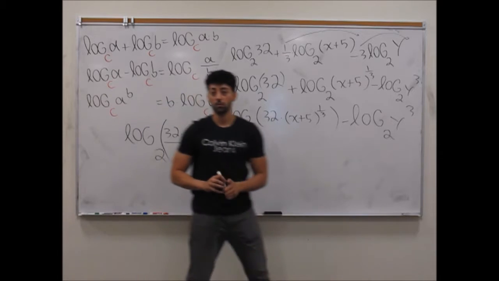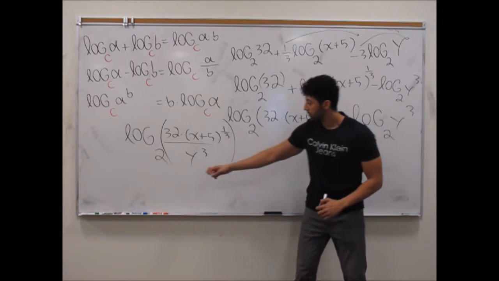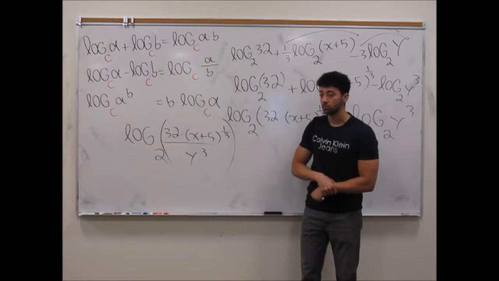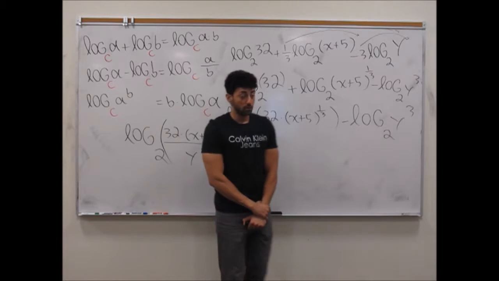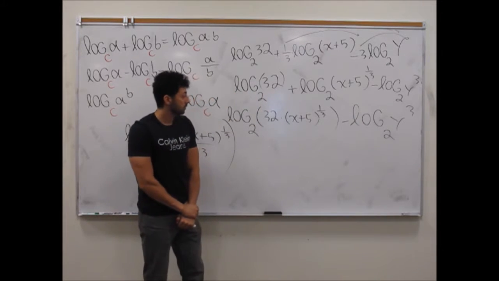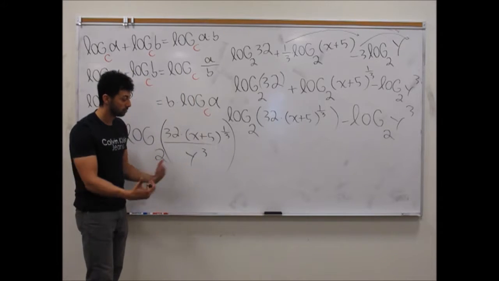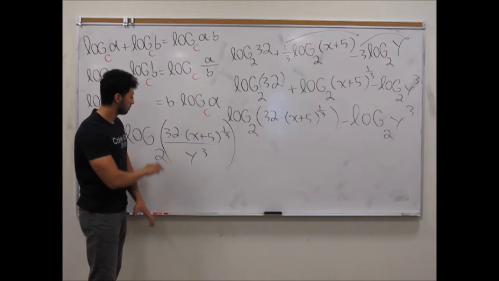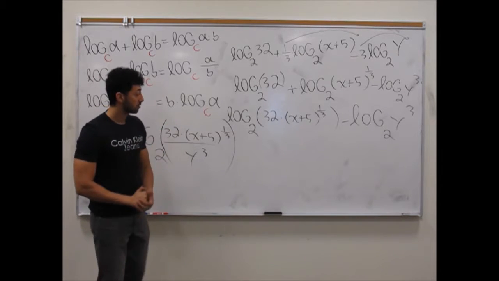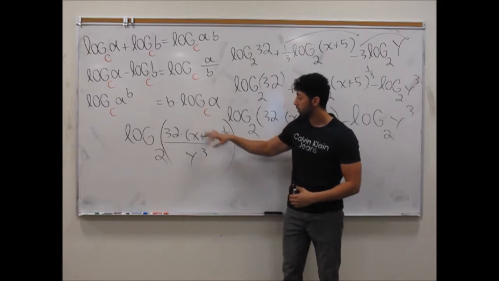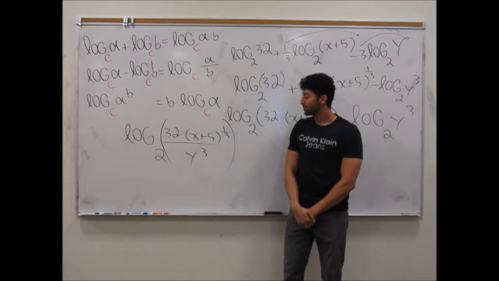This is all inside the log, so we just have a base of 2, and this was all on the inside, and our exponent is just 1, or it's just not there. And that's pretty much it for this one. For the x plus 5, again, we're compressing, so this isn't a problem. But don't get it mixed up, thinking that you could do anything with the argument of a log. But yeah, that's pretty much it.